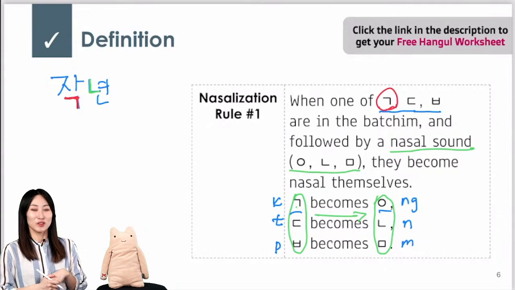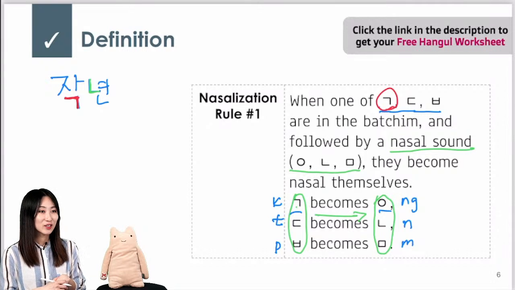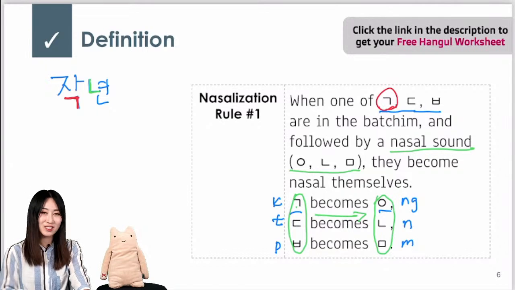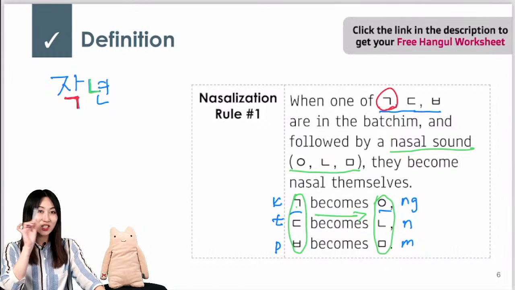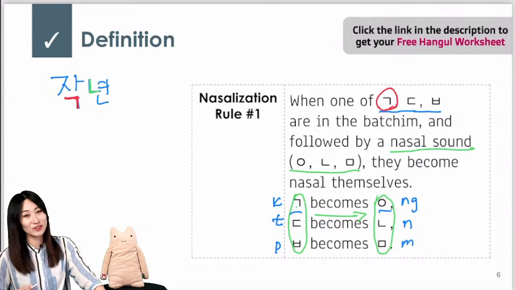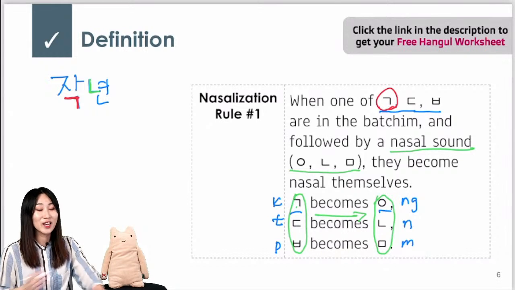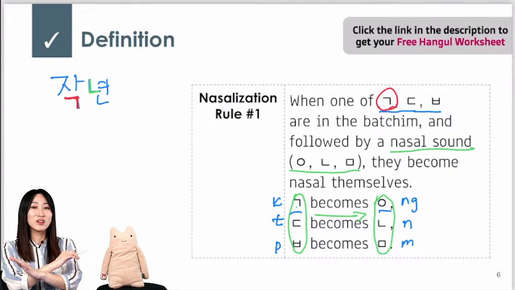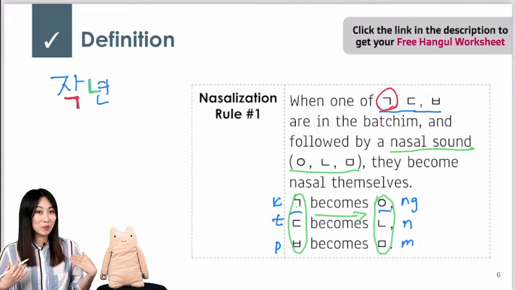And this looks hard. How do Korean people remember all these rules? Like when they see 기억 and a nasal sound coming right after that, so I change it to ng, okay, 작년. Is this how Korean people do it? Nope. Actually, a lot of native Korean people don't even recognize this rule.